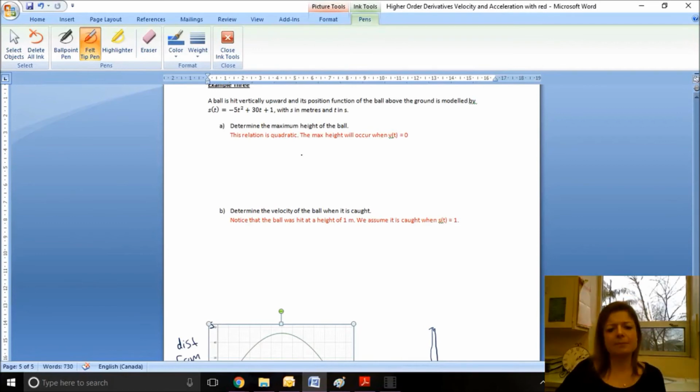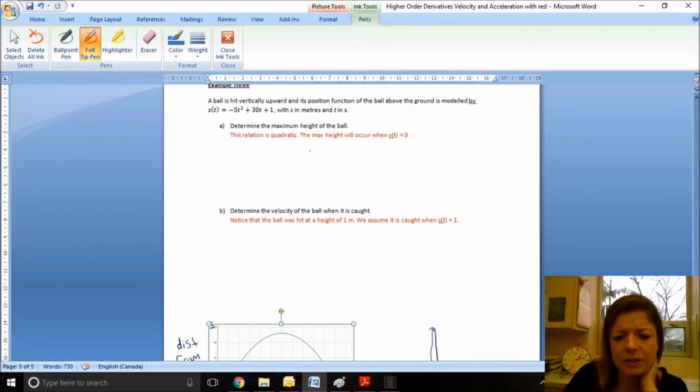So determine the maximum height of the ball. We have quadratic methods of doing this, -b/2a, but now we can use derivatives to find this. This is actually when the velocity is equal to 0, which is a lot simpler to solve. So velocity is -10t plus 30, which is just a linear function.